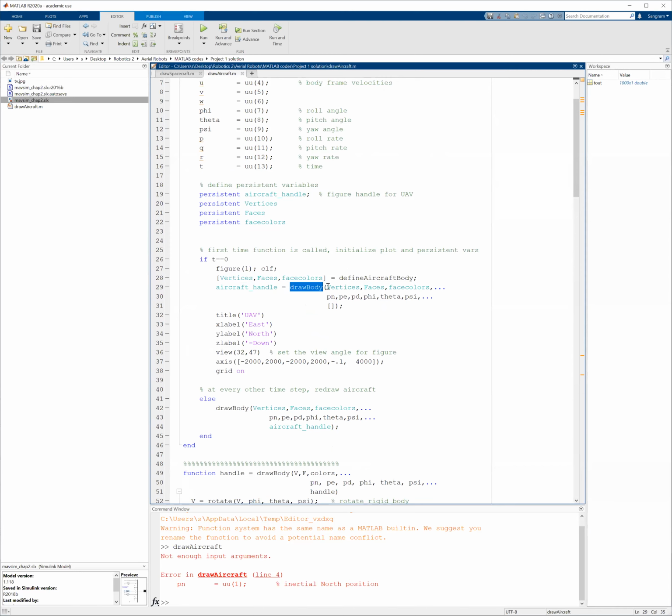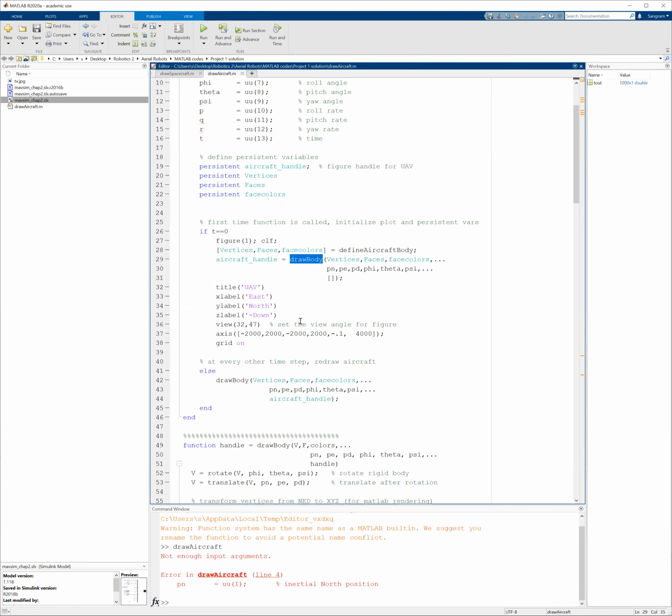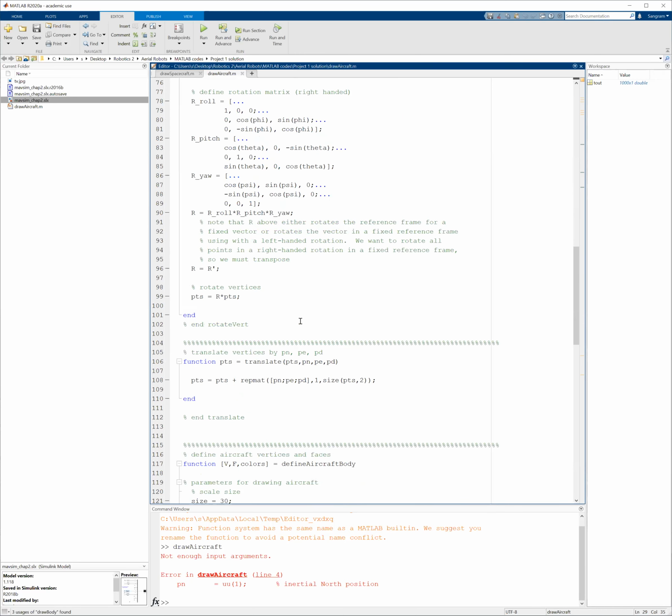The draw body function takes as input the vertices matrix, faces matrix, and face color matrix, and P N, P E, P D, phi, theta, psi, all that information. And then it passes to this aircraft handle. Please note this draw body is another function, which is over here.